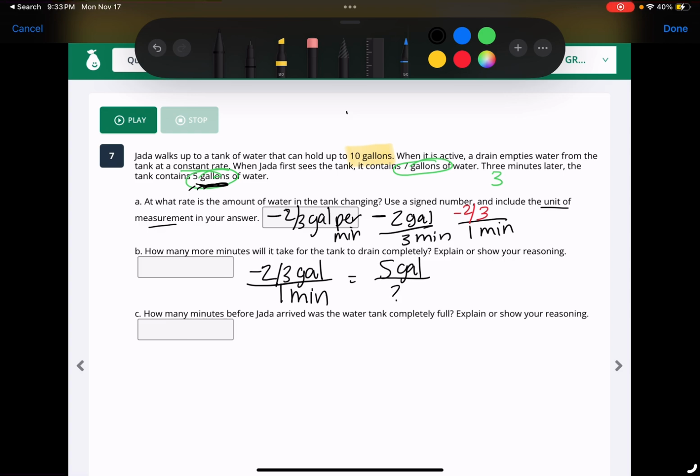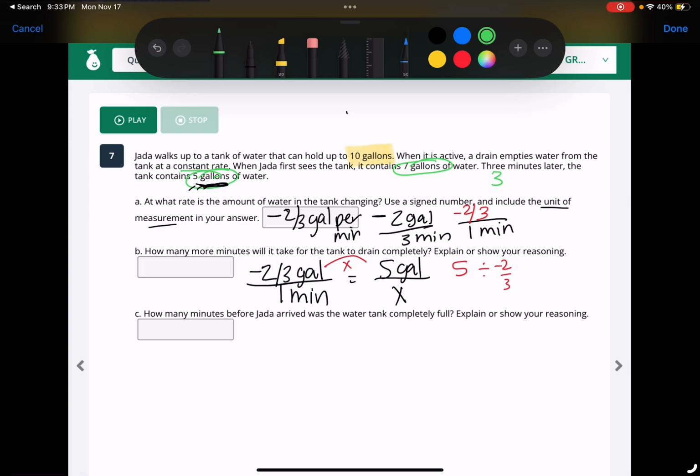That's our question mark or our X. You can put a variable in there if you want to, or you can put a question mark. So we've got to figure out what times negative 2/3 will give us 5. To figure that out, we can work backwards. We could do 5 divided by negative 2/3.